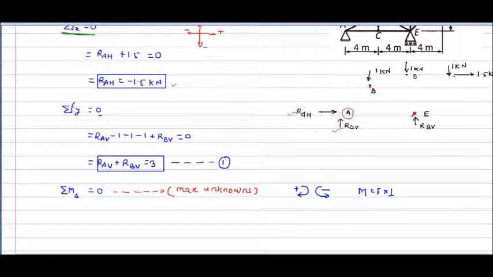Okay, so first, in the moment equation there will be the moment because of this 1 kilonewton, this 1 kilonewton, this 1 kilonewton, 1.5 kilonewton and RBV. So first of all, taking the moment with respect to this point A, I always suggest that you draw the line of action of the force. So this is how I have drawn the line of action for this force. Then to get the perpendicular distance, this is the simple method I have shown, but either way you can directly detect the perpendicular distance.